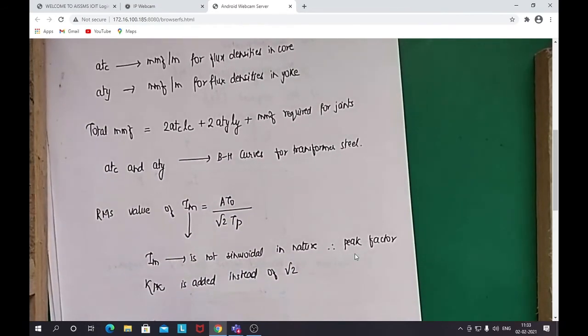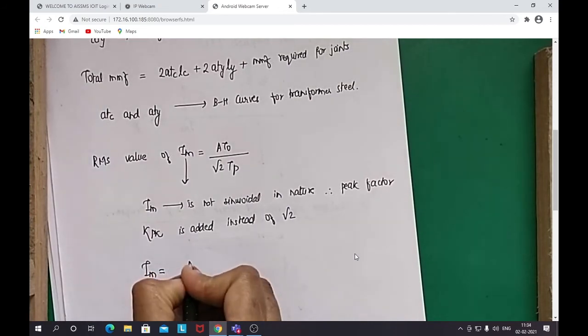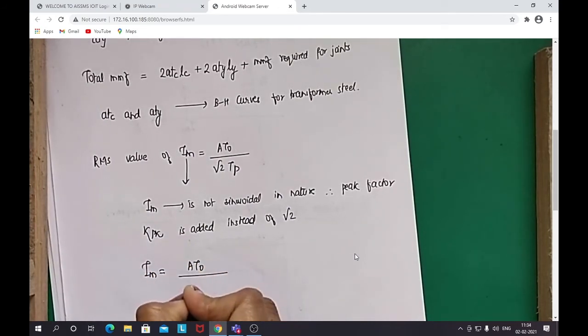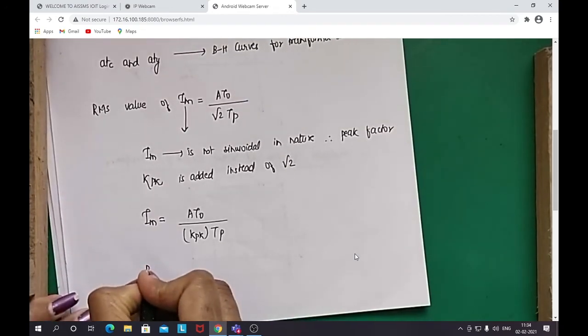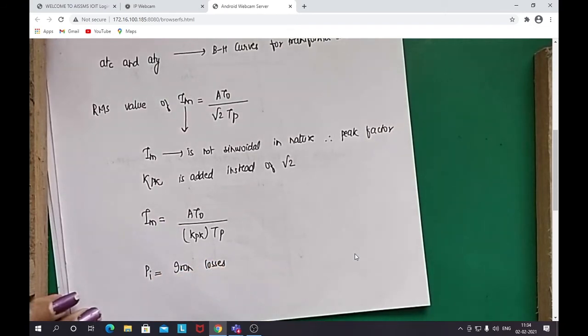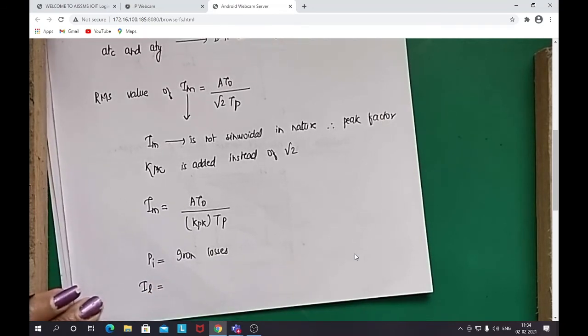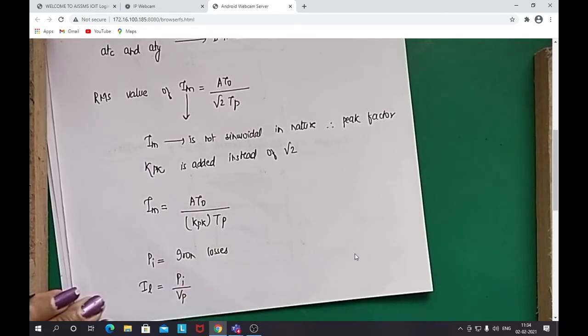So the equation turns out to be Im is equal to AT0 upon Kpk Tp. Now we already know that Pi is the iron losses. The loss component IL for the single phase transformer would be simply Pi by Vp.